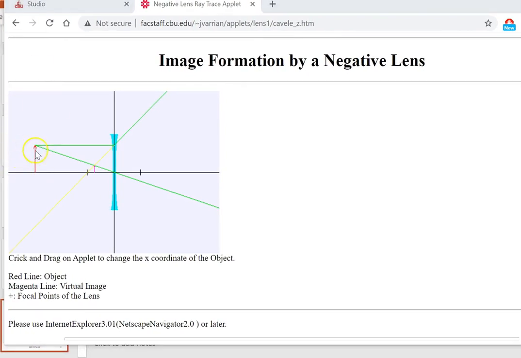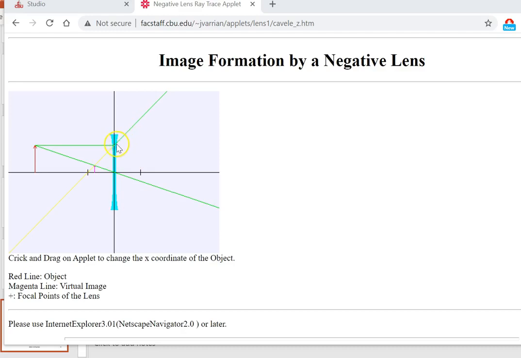And that is, all right, so look, right here, you see that there's the red object arrow. Look, here's that first ray, this green line, horizontal line, parallel to the optic axis, and it's going to diverge as if it came from this front focal point, that little black dash. The second ray that we draw goes right through the center of the lens. All right, so trace those rays backwards, and that's what you see in yellow here.